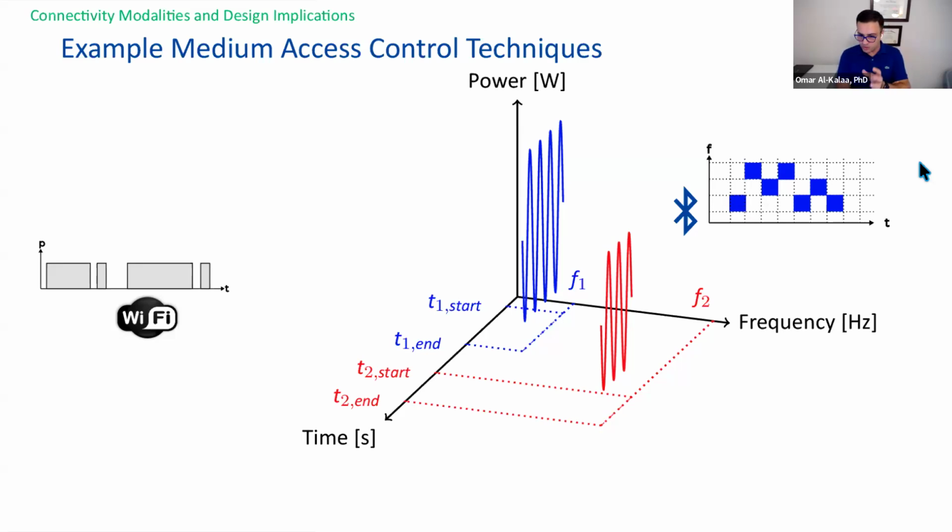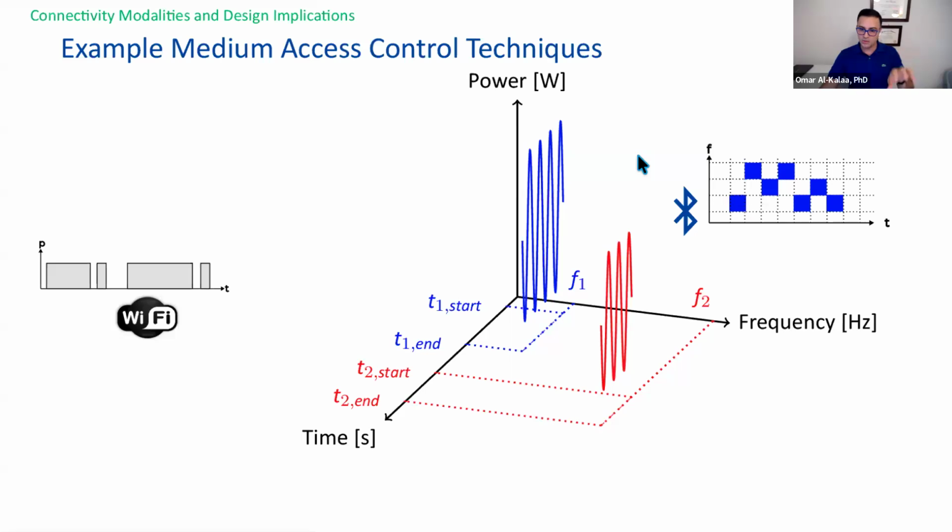And the purpose of having this figure here is to indicate that different wireless modalities access the spectrum in different ways. So for Bluetooth, for example, Bluetooth hops over different frequency channels over time. So at this moment, it's operating at this channel. At the next moment, it's operating on a different channel. And this is one way that Bluetooth uses to avoid interference.